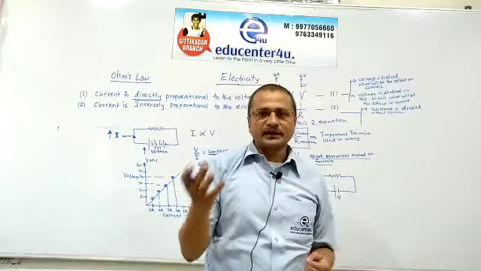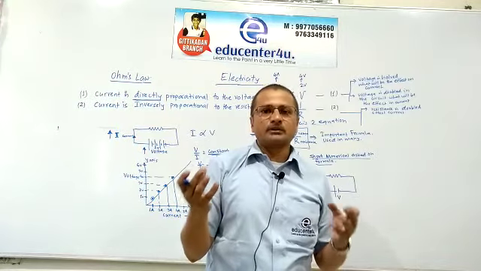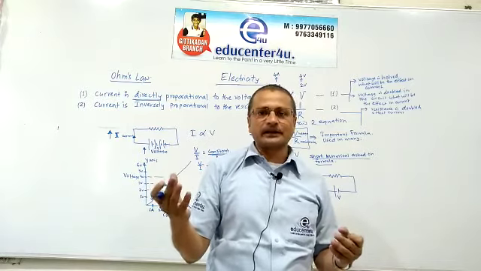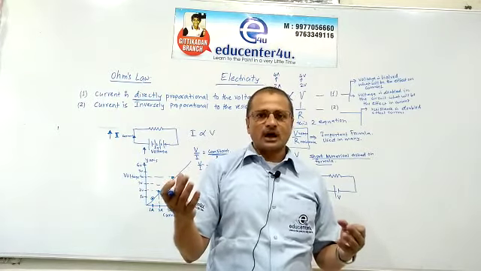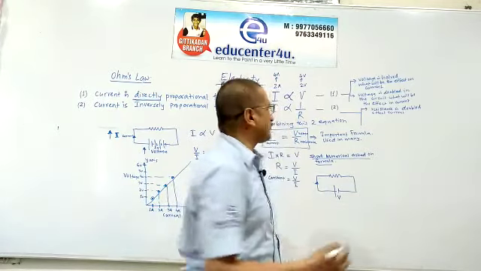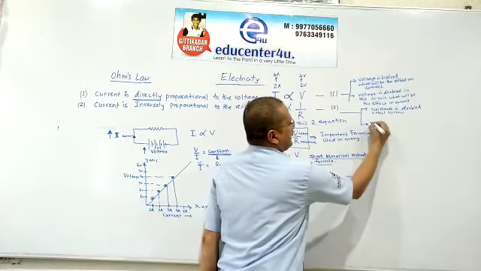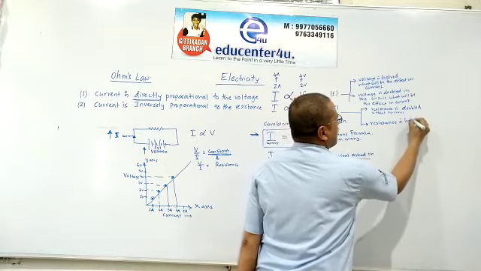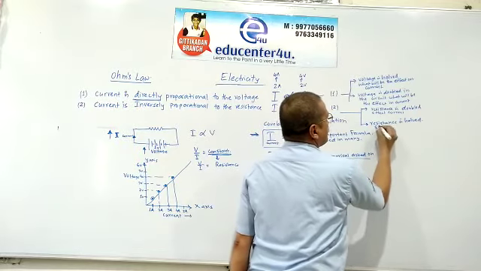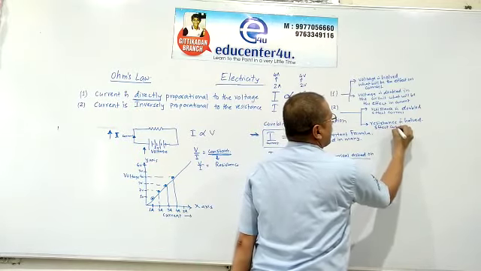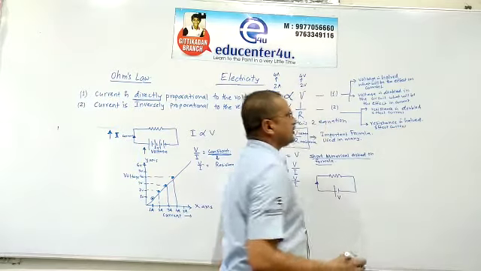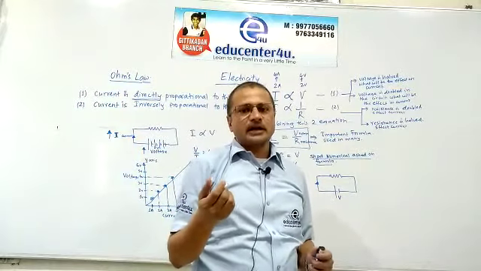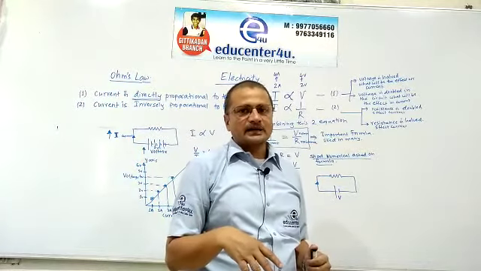If you are increasing the resistance, what will be the change in the current? Whether it will increase or decrease, you have to calculate it. In another part, if the resistance is half, what will be the effect on the current? These are the small types of numericals that will be asked.